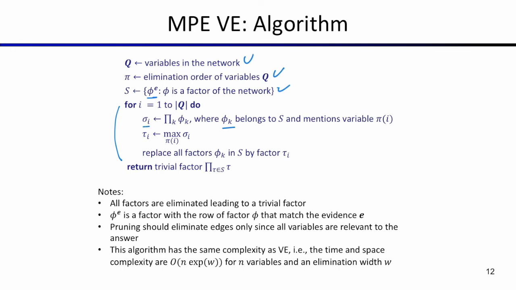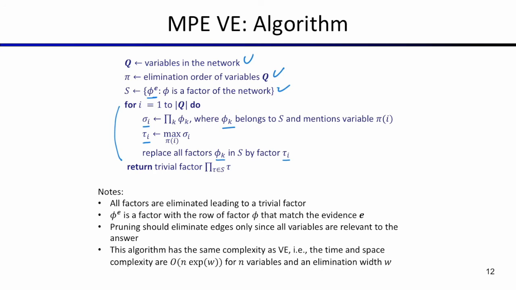This is the first step, and the second step is the maximization. In this case, we create a new factor that we call tau i, which is the maximum of sigma i over the variable pi i. So we are removing the variable pi i from the factors that we just multiplied. When we finish with that, we remove all the factors phi k that we multiplied from the set S, and we introduce this new factor tau i, replacing all the factors that we multiplied.